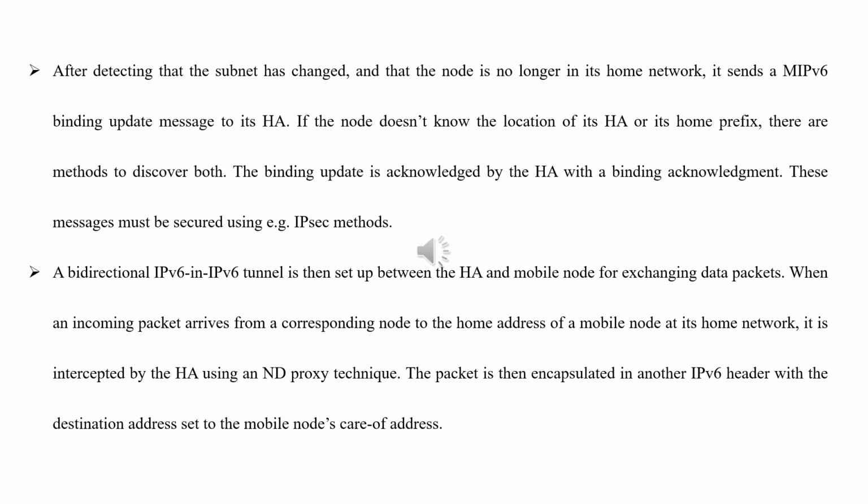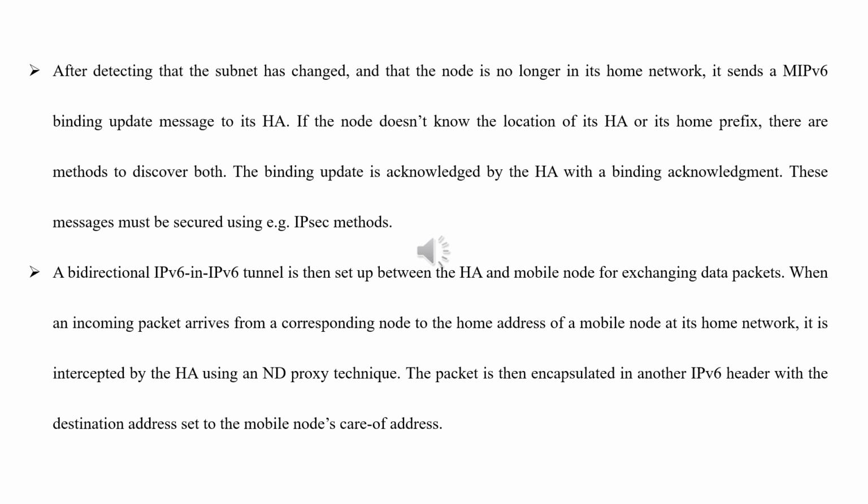A bidirectional IPv6 tunnel is then set up between the home agent and mobile node for exchanging data packets. When an incoming packet arrives from a corresponding node to the home address of a mobile node at its home network, it is intercepted by the home agent using an ND-proxy technique.